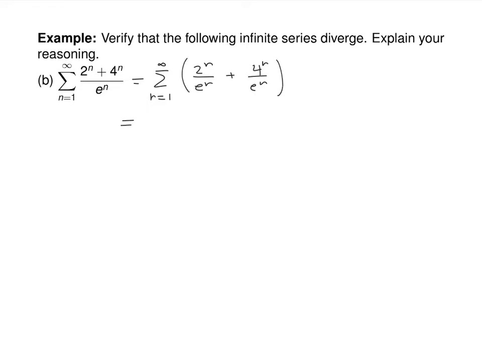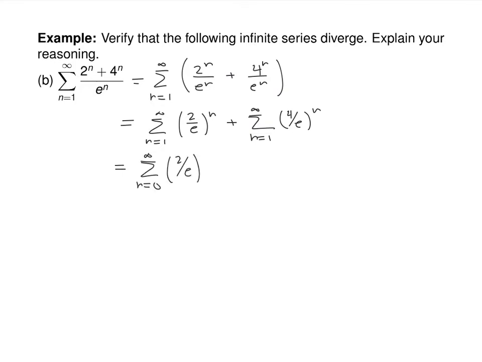That's the same thing as the sum from n equals 1 to infinity of (2 over e) to the n, plus the sum from n equals 1 to infinity of (4 over e) to the n. Now re-indexing, we get the sum from n equals 0 to infinity of (2 over e) to the n plus 1, plus the sum from n equals 0 to infinity of (4 over e) to the n plus 1.